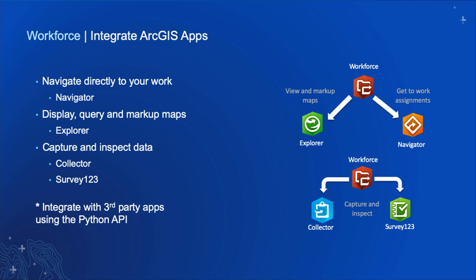But at the top, like James was showing, we've also got the ability to navigate to assignments to allow users to see where they're going. And then also use Explorer. Maybe you don't need Collector to actually create and update new features in the field. You want people to be able to use markup to do really lightweight and sort of heads-up markup of maps digitally. You can integrate Explorer in with Workforce to allow you to do that.